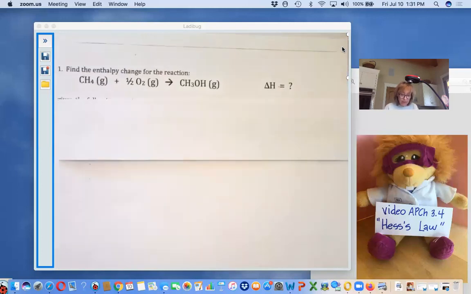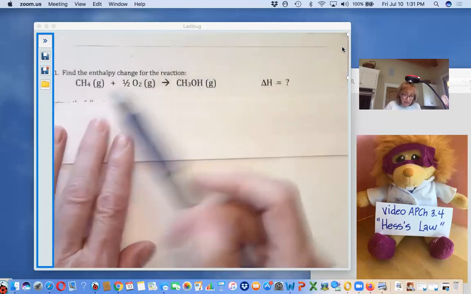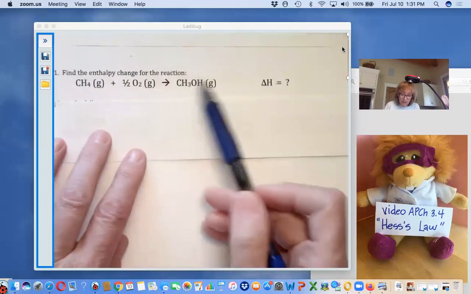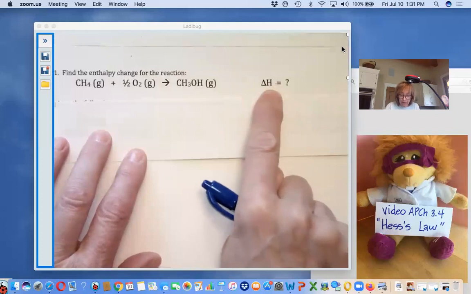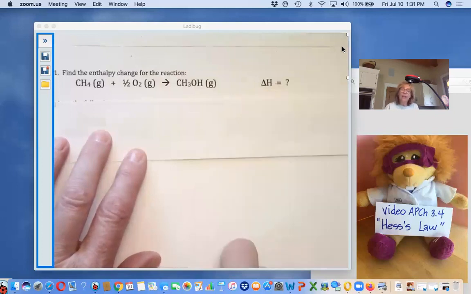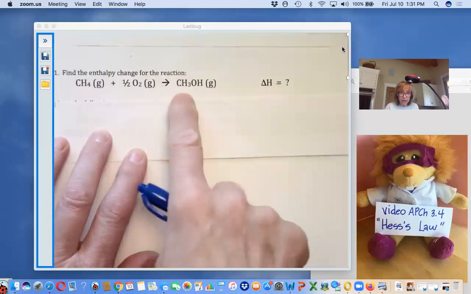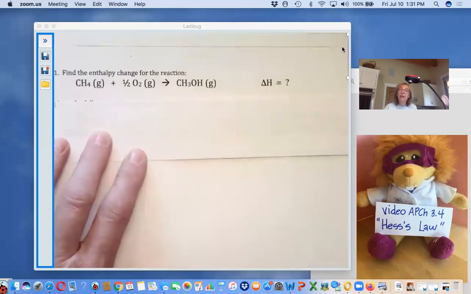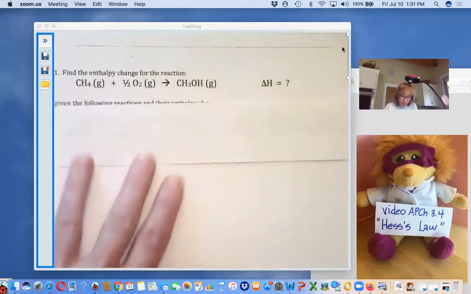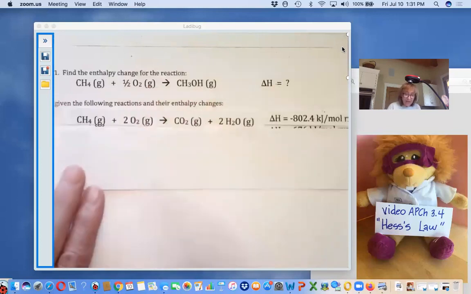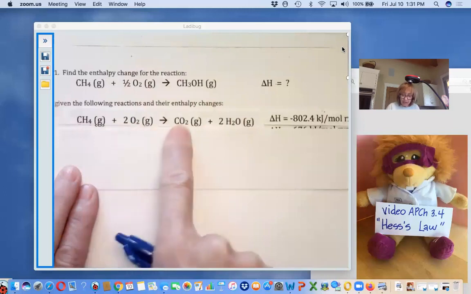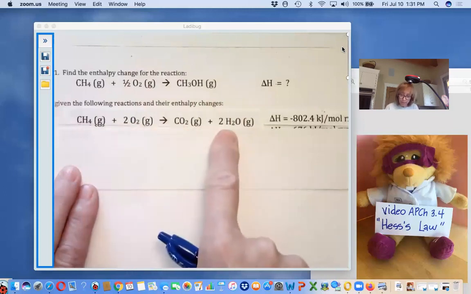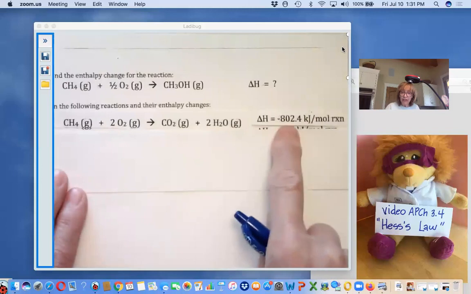We have a reaction between methane and oxygen to yield methanol, and we wish we knew the enthalpy change for that reaction. We don't have it, and we can't do a calorimetry experiment with this reaction. But we do know that complete combustion of methane to yield carbon dioxide and water vapor has an enthalpy value of negative 802.4.